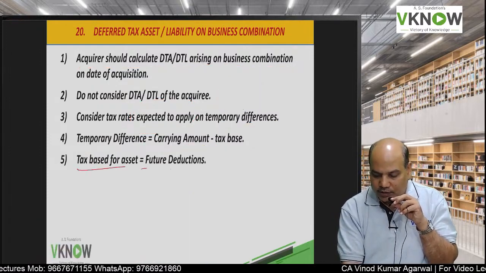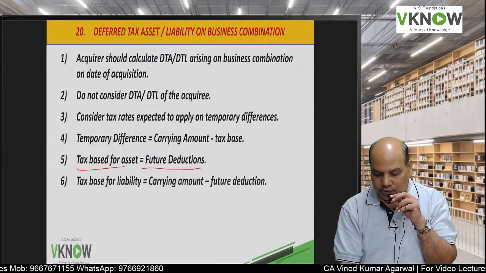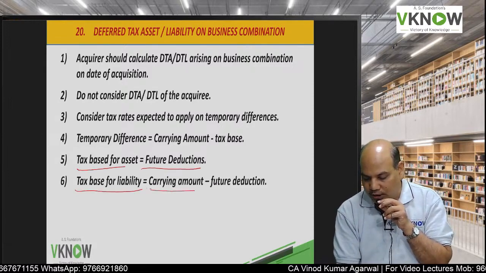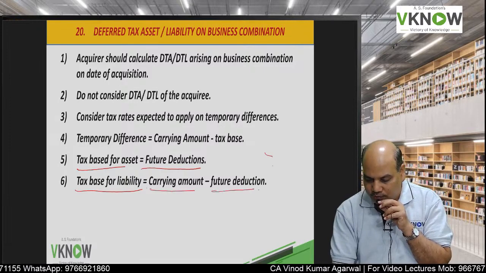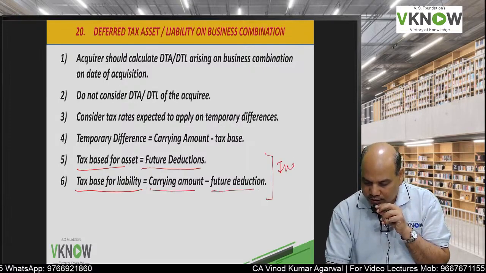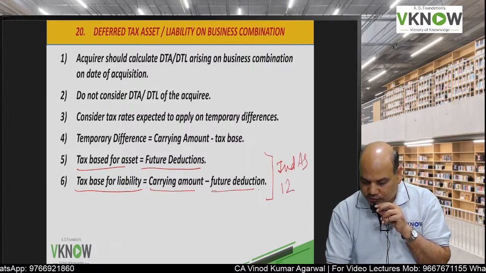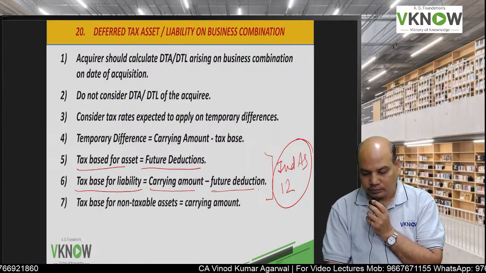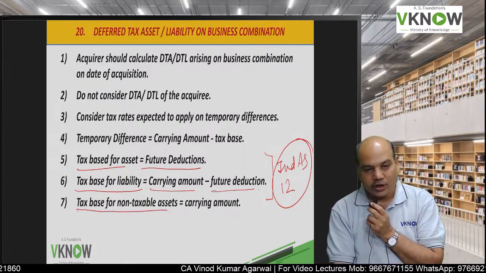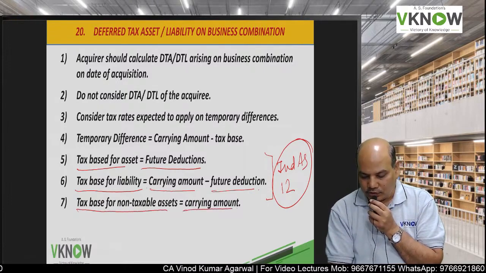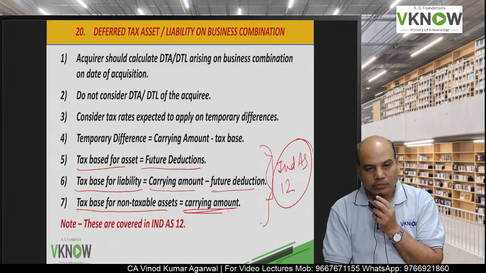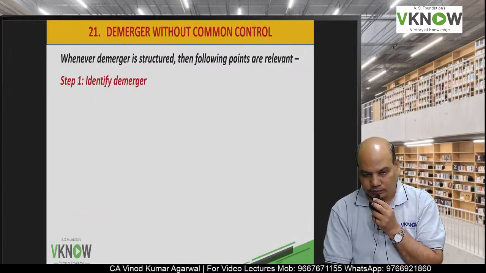Tax base of an asset is equal to future deduction, and tax base of the liability is equal to carrying amount minus future deduction. This I am not discussing in detail today because that will require a separate standard IND AS 12. Tax base of non-taxable assets is equal to their carrying amount. All this will be explained to you under IND AS 12.